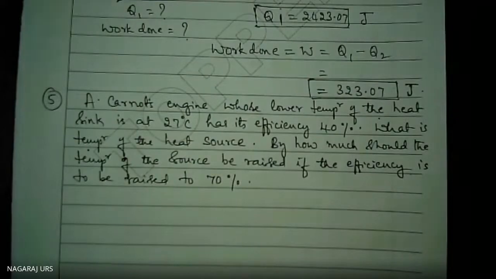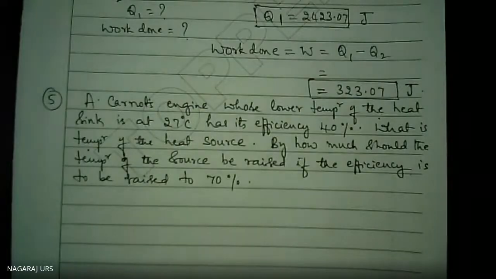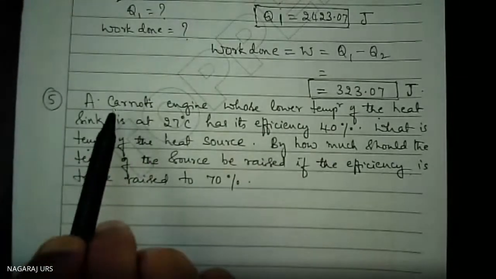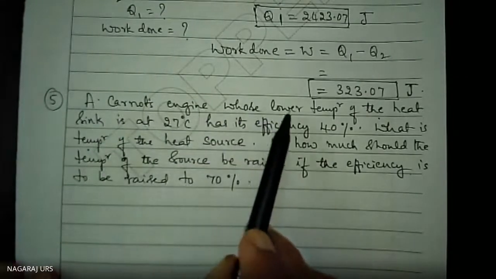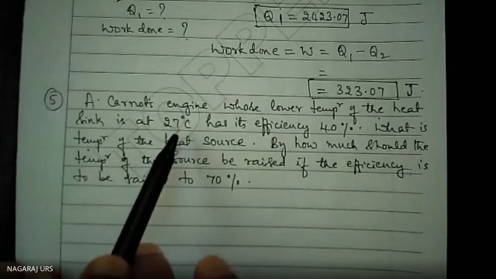Yes, Anarghya, present. Right. What are the data? Sir, we have to calculate T1. First, one by one. A Carnot engine whose lower temperature of the heat sink is 27 degrees centigrade.